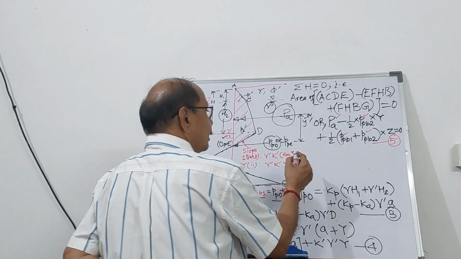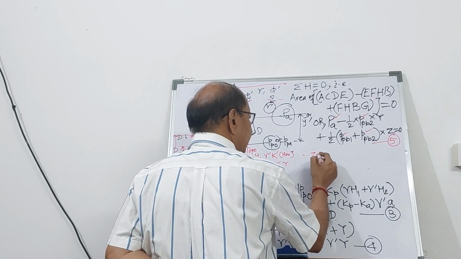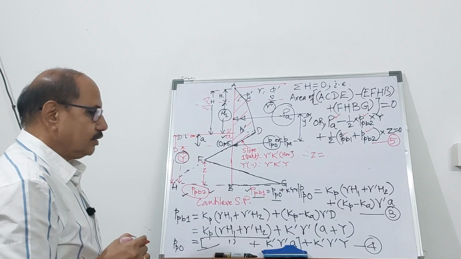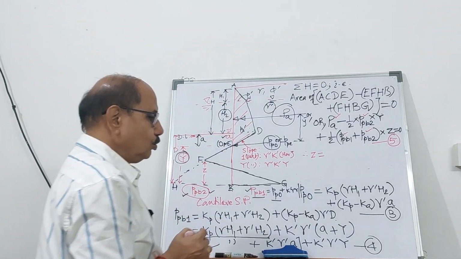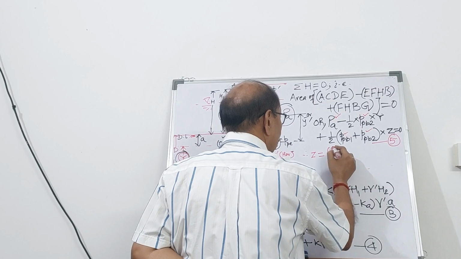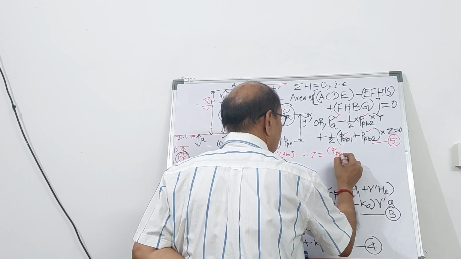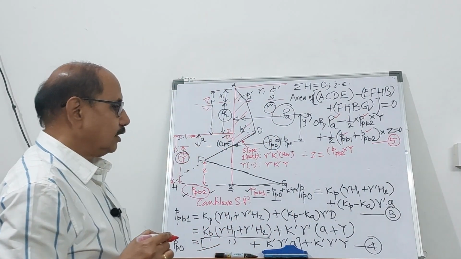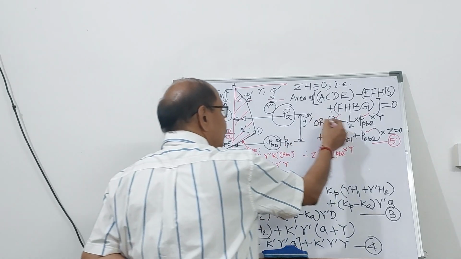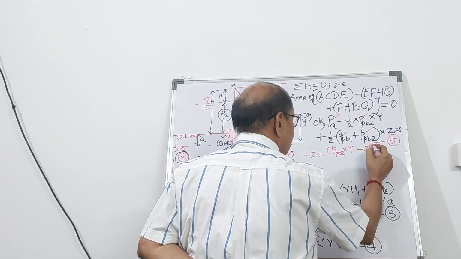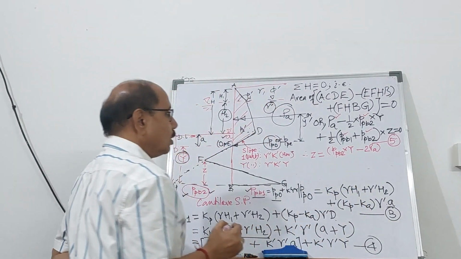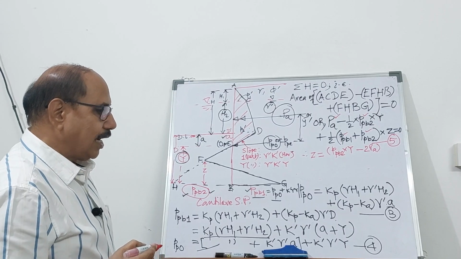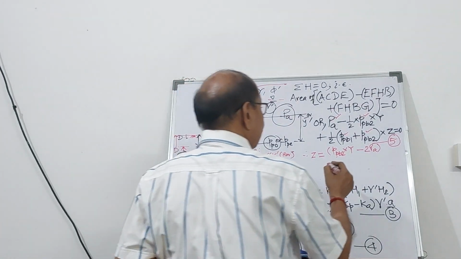So therefore, calculate Z in terms of Y. If you calculate Z, this becomes equal to PPB2 into Y minus 2 times PA, divided by PPB2 plus PPB1.